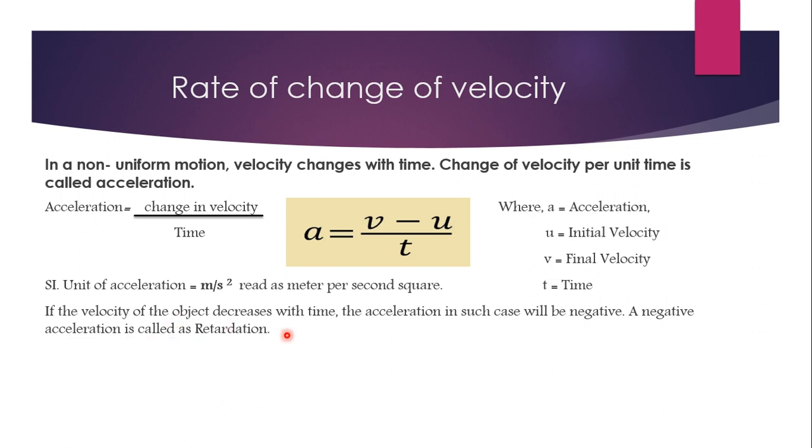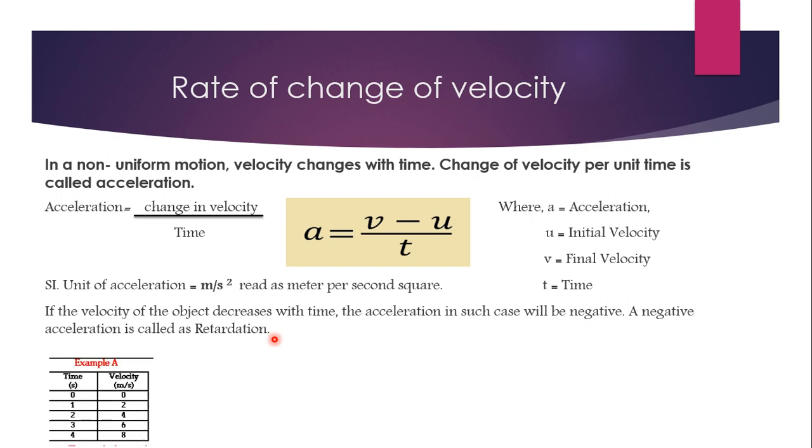So in that case, the object is moving with a negative acceleration, because when we find acceleration, we will write v minus u by t. So v is 15 and u is 20. It will come in negative. So that negative acceleration is called retardation, right?